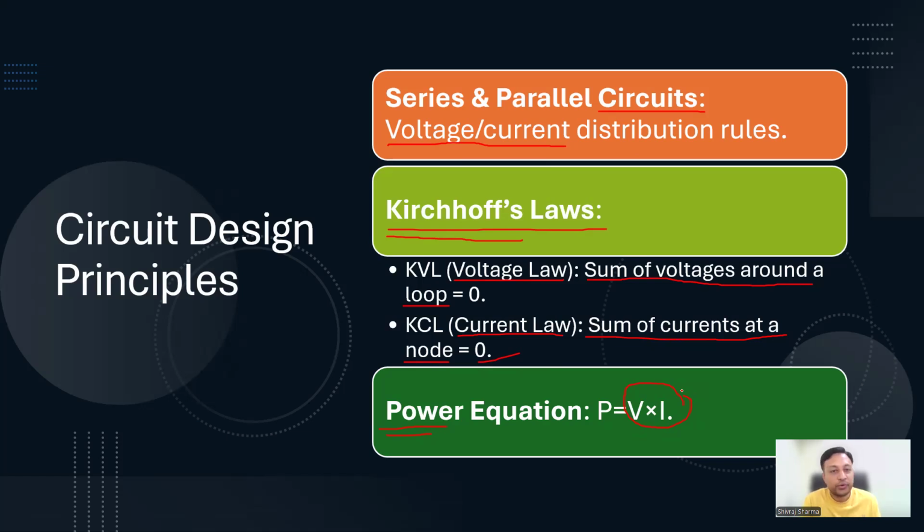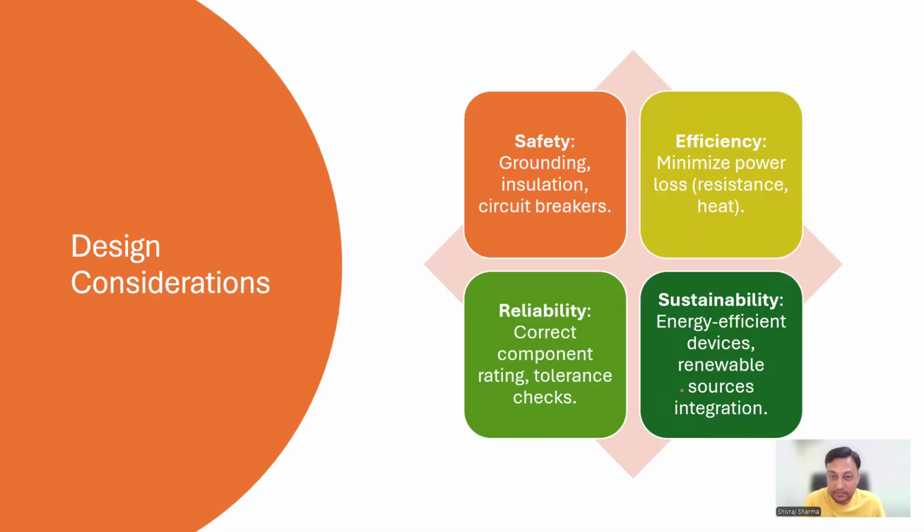So we need to look into these particular design aspects to understand how to design these circuits. Fine. So if you want to design any circuit or any particular ICs or a particular system, you need to consider a few major things.